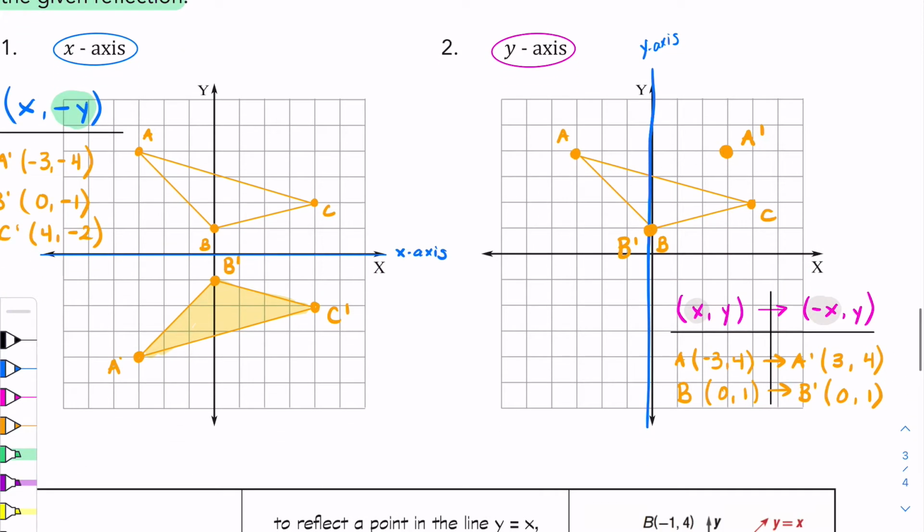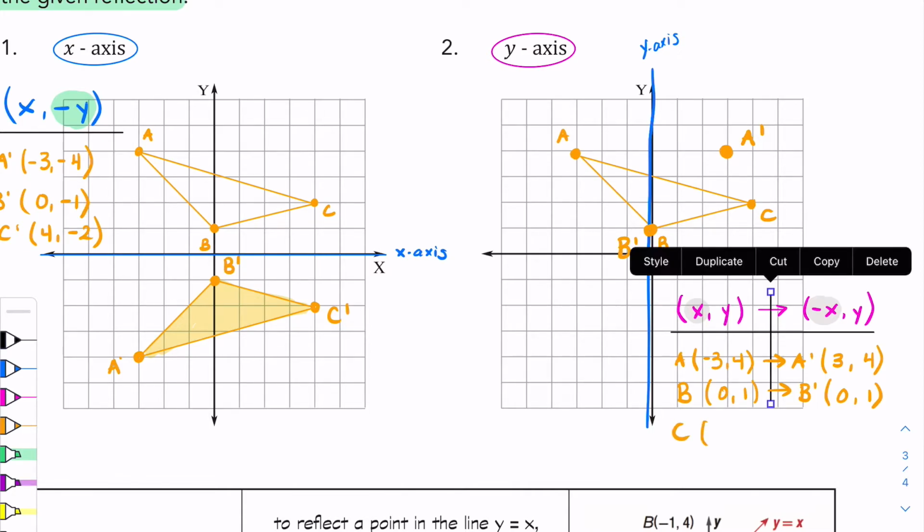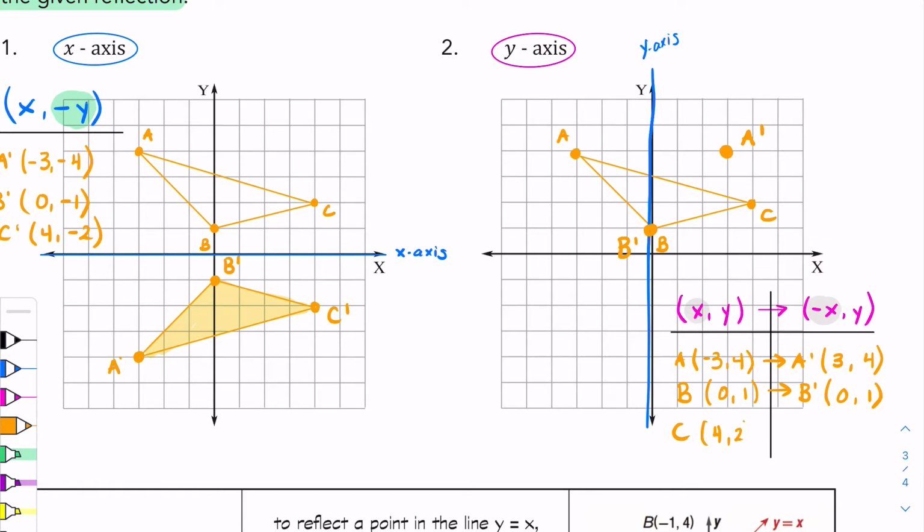And for point C, our last point, the original ordered pair of point C is located at 4, 2. When I apply the transformation rule for C prime, this becomes -4, 2.